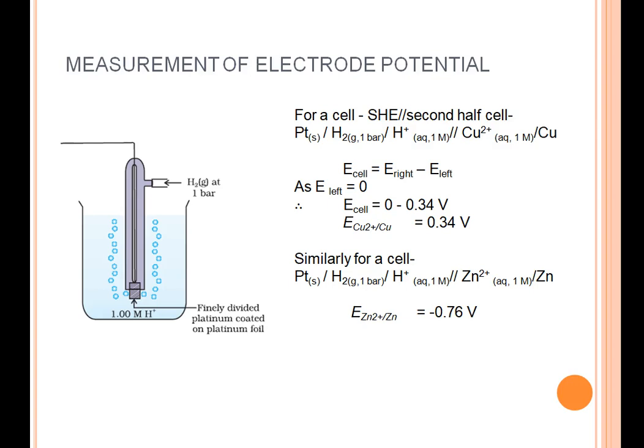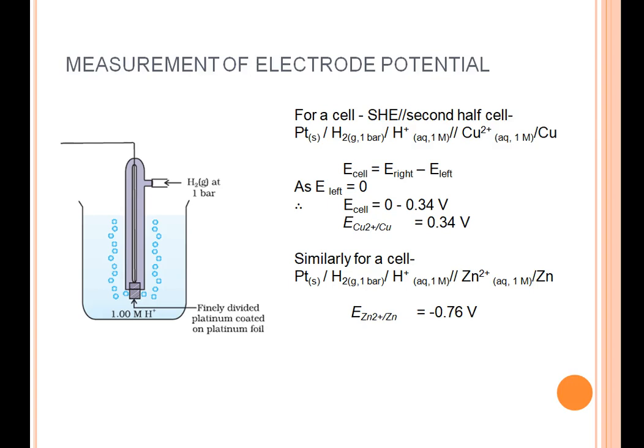the zinc electrode with this hydrogen electrode. From the voltmeter, you can read the value. That will be the EMF of the cell. For hydrogen, the value we know is 0. So we can very easily calculate the electrode potential of zinc also.